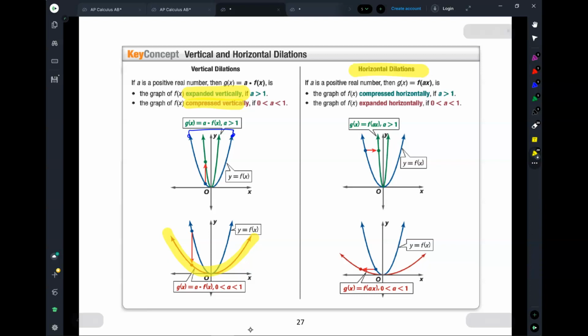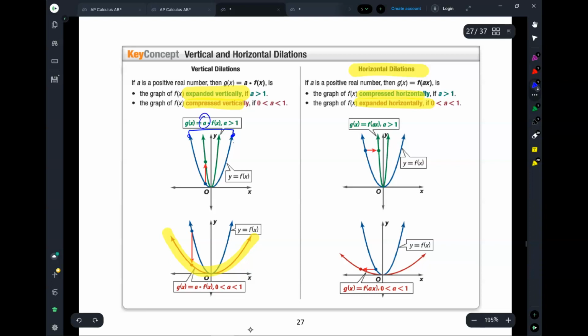A horizontal dilation is when you grab it at the sides and you either squish it or expand it, right? So that's called compressed or expanded horizontally. Now, for a vertical expansion, a has to be greater than 1.